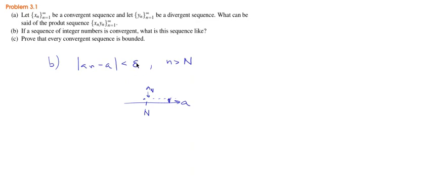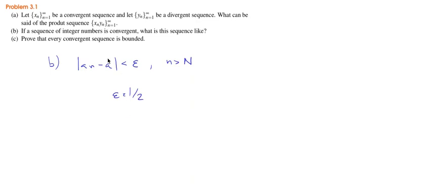So if I pick a given number epsilon, then I can find a capital N so that this is true. Imagine that I choose epsilon 1 over 2, for instance.